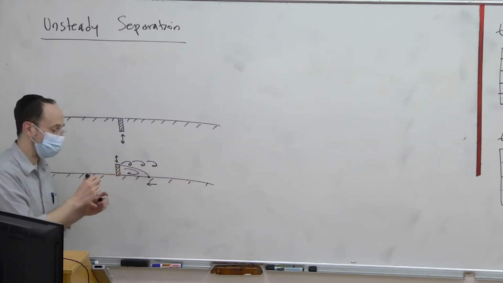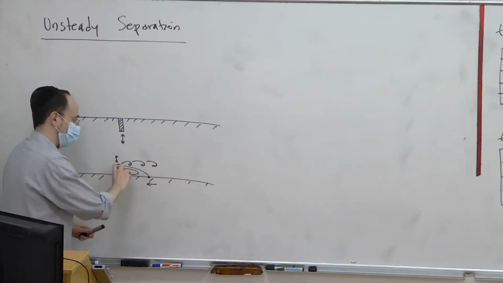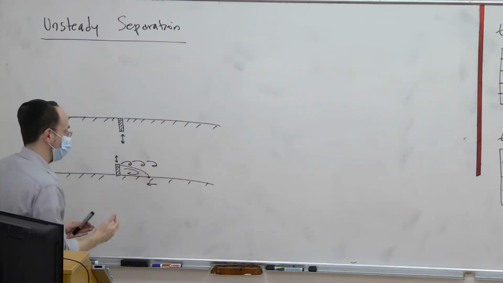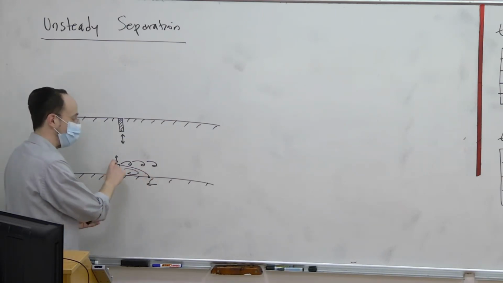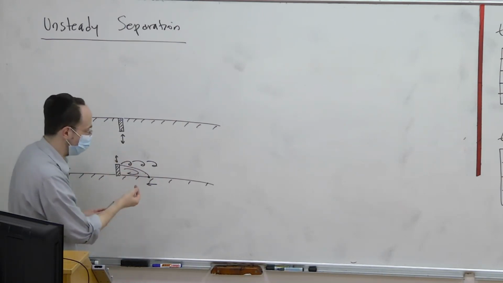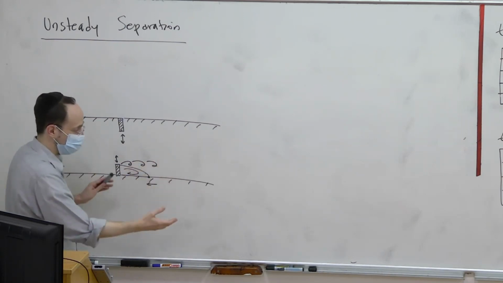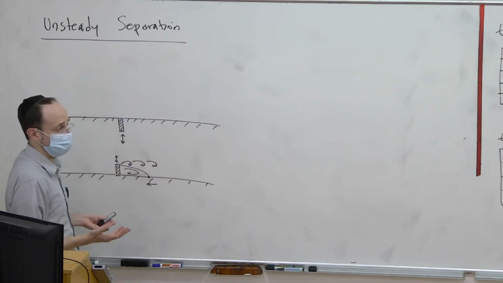Meaning maybe I can tune this fence piece to match the shedding frequencies going on in the problem. In other words, maybe I could actually create artificial blockages, with the right frequencies, that could affect a larger separation problem.